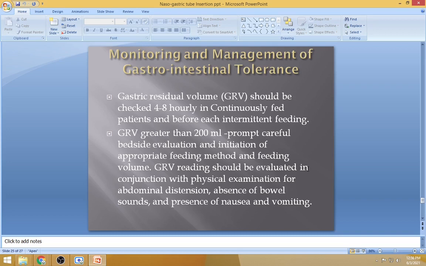The reading should be evaluated in conjunction with physical examination for abdominal distension, absence of bowel sound, and presence of nausea and vomiting. When the patient is having distension or stomach pain, then we have to ask whether bowel sound is present or not. Then we have to assess their nausea and vomiting also. Understood? Yes, ma'am.